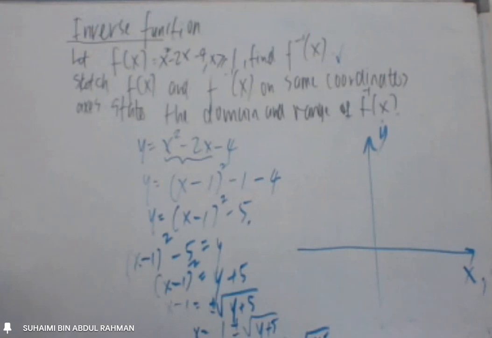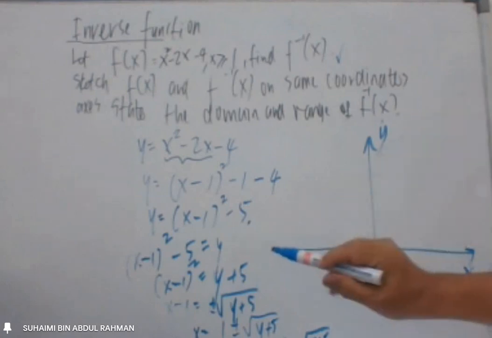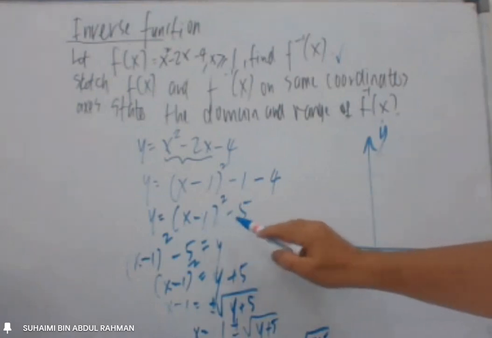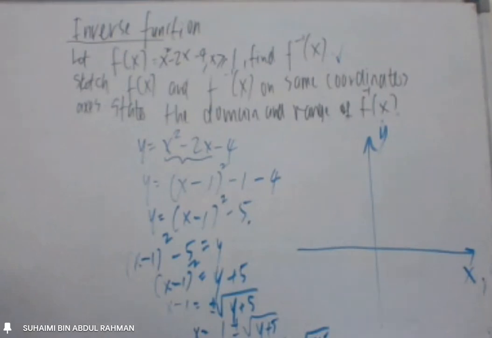So it's quadratic, and we shift to the right 1 unit, and we shift down 5 units. So it does look like this. We start with 1 and 5 units down.